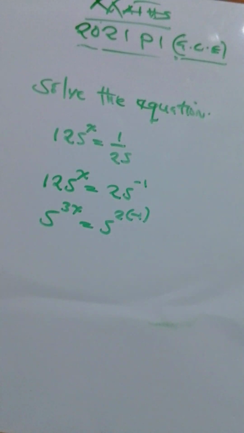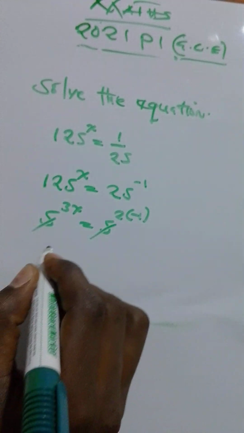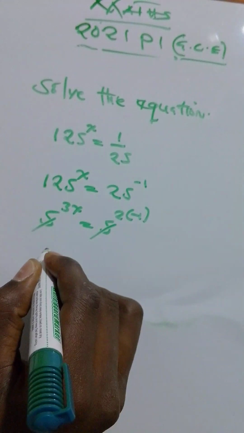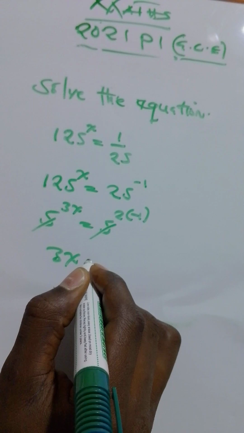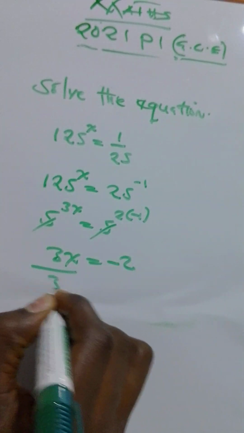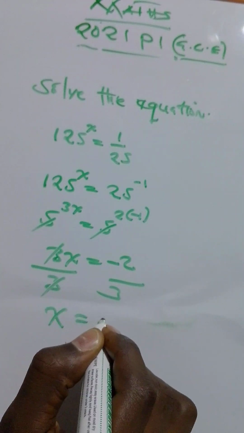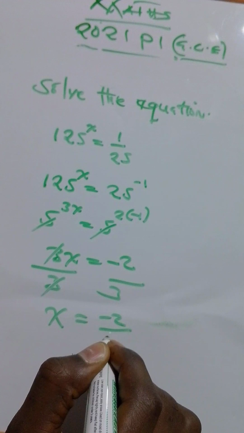So from here, we know that now this and this are equal, so we can cancel them. So 3x is equal to negative 2. So over 3 cancel these. So the value of x was negative 2 over 3.